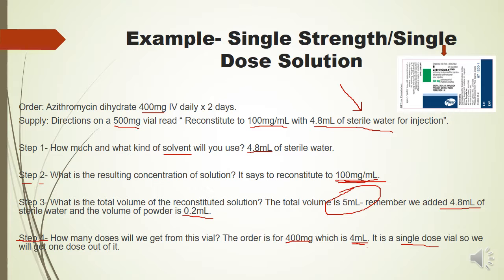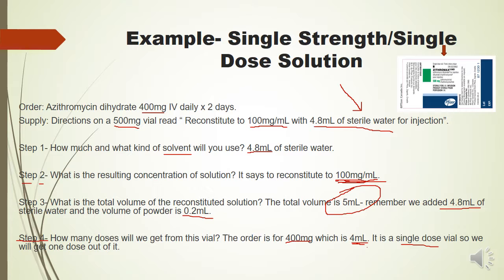So, supply directions on a 500 milligram vial read, reconstitute to 100 milligrams per mil with 4.8 milliliters of sterile water, okay? So, what does that mean?